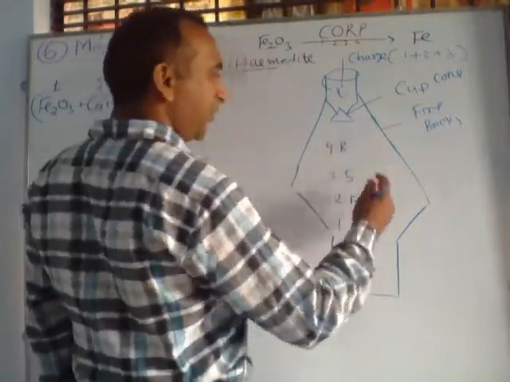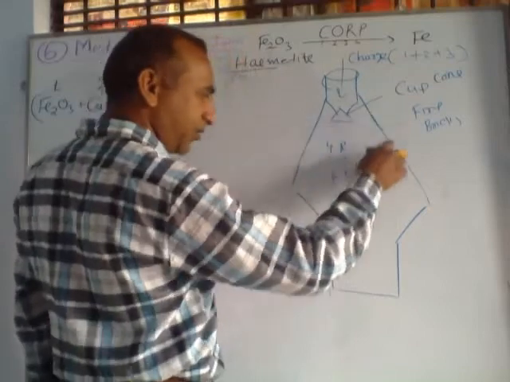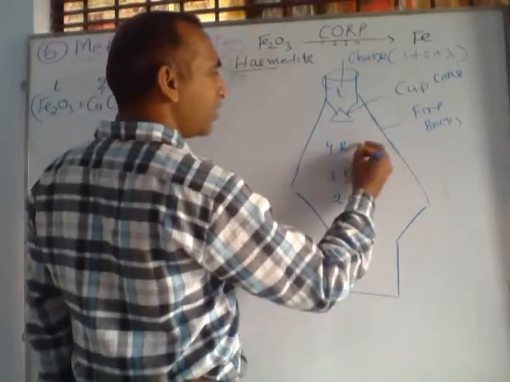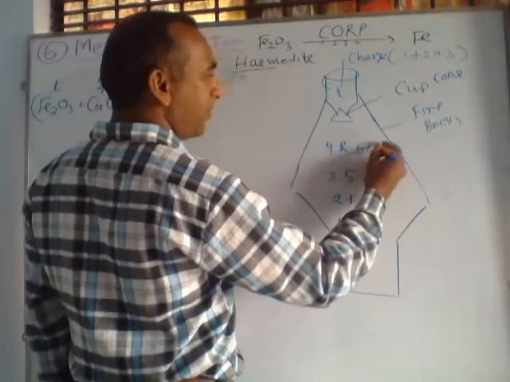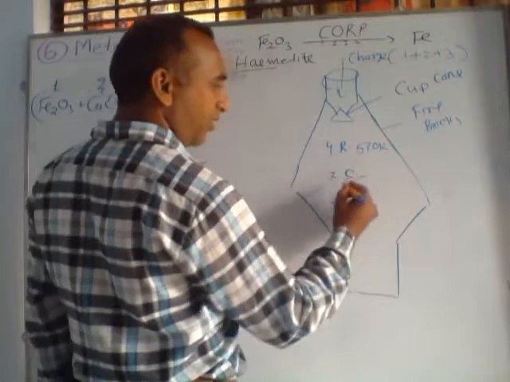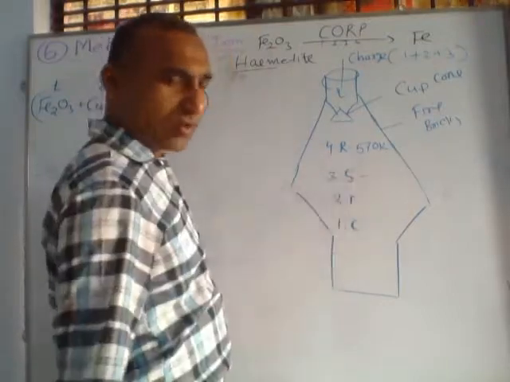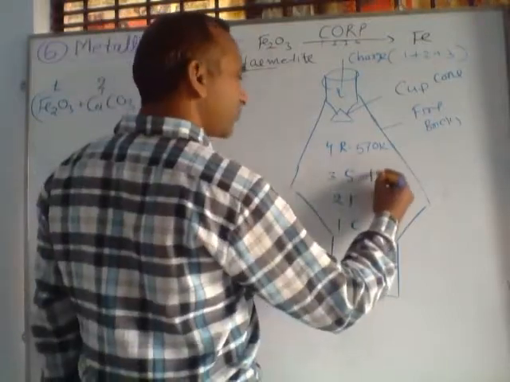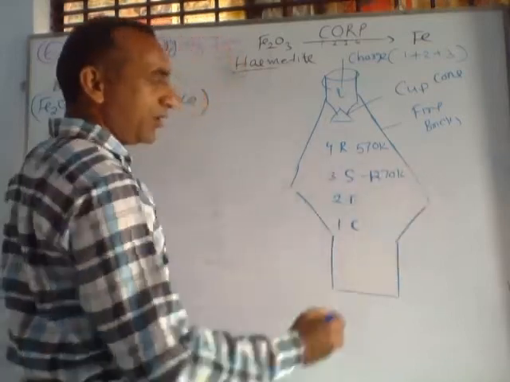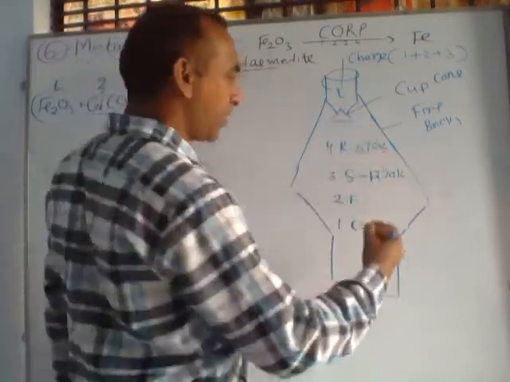The temperature gradually increases from up to down. Here approximately 550 Kelvin temperature is present, and in the third, the slag zone, there is approximately 1270 Kelvin. Temperature is increasing.